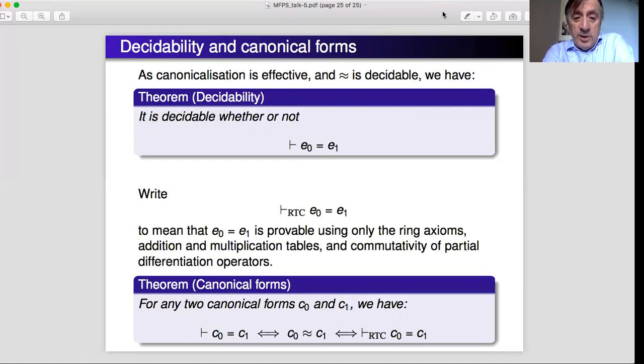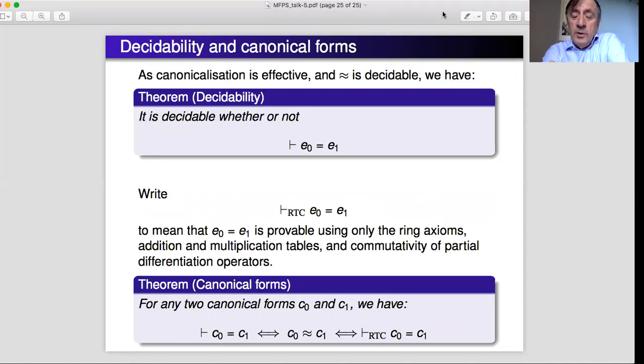Another result, which I've essentially announced, is this. Let's say two expressions are provably equal if you can do so without using the first three axioms of partial differentiation. And this says that for any two canonical forms, they're equivalent if and only if they're provably equal using these limited abilities.